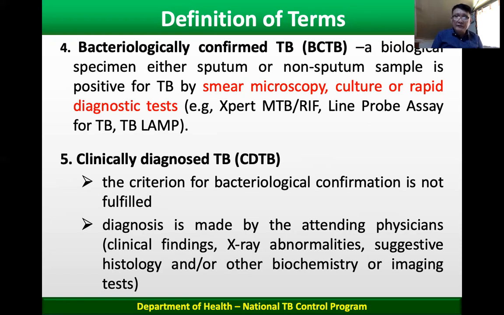Now, number 5, as usual, we have this kind of definition even in the old MOP. Number 5, this is a clinically diagnosed TB, CDTB. Now, the criterion for bacteriological confirmation is not fulfilled. That means to say, as far as BCTB is concerned, they are not confirmed because their samples turn out to be negative.